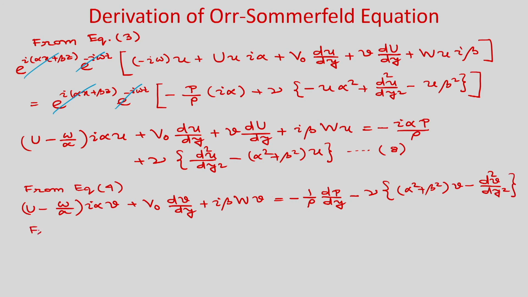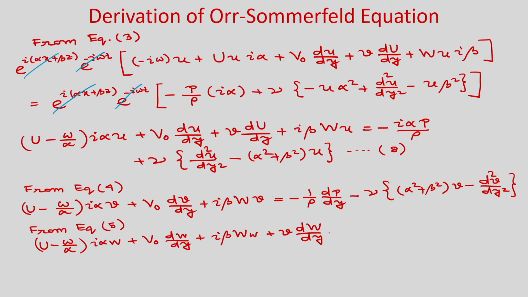Okay. And from equation 5 we can derive u minus omega by alpha i alpha w plus v naught dw by dy plus i beta w plus v dw by dy is equal to minus i beta p by rho plus nu d2 w by dy square minus alpha square plus beta square w.